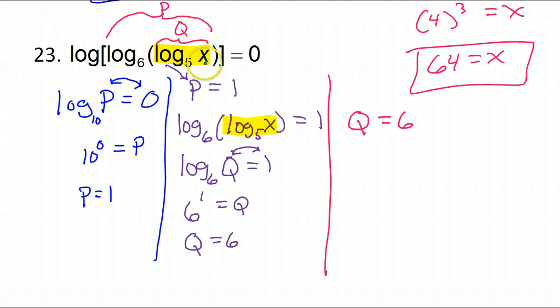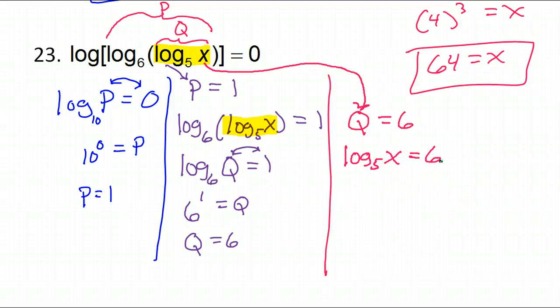Now, once again, let's make this substitution. What is Q? Q is everything that's highlighted here in yellow, log base 5 of x. So that means log base 5 of x is equal to 6. Now, this is an equation we can solve. This doesn't scare us. Once again, we will rewrite this in exponent form, starting with the base. So the base is 5, bring that down.